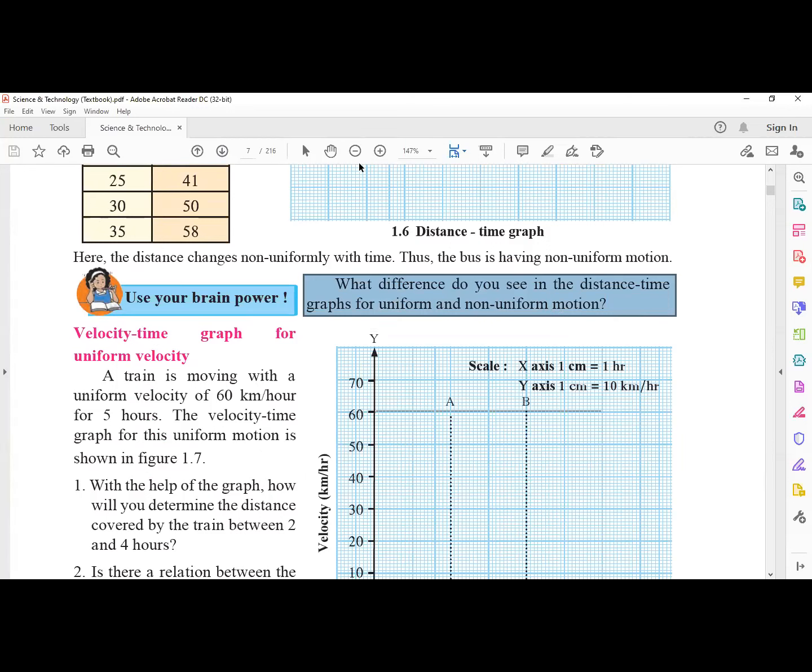The speed is the same, all right. The speed is constant in uniform motion, whereas it is increasing in non-uniform motion, right? Yes, that was correct. What else?